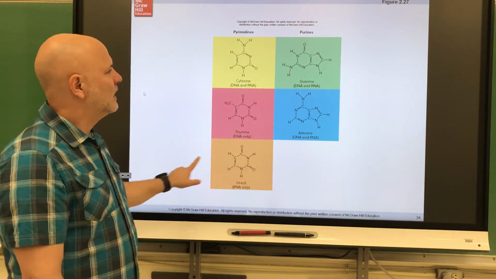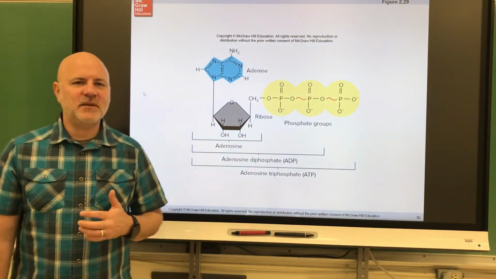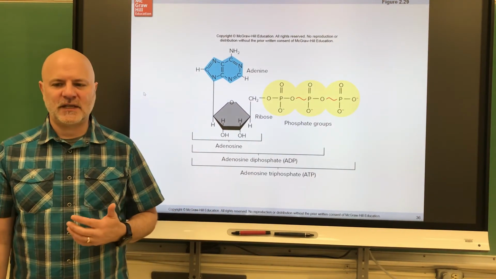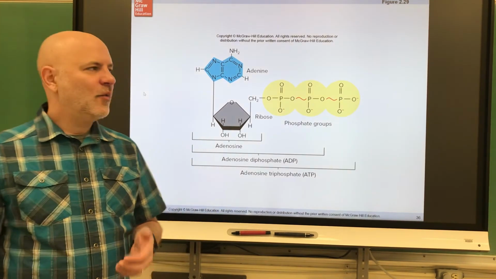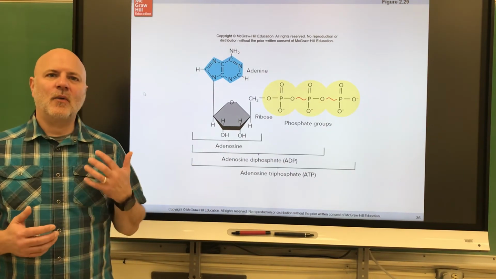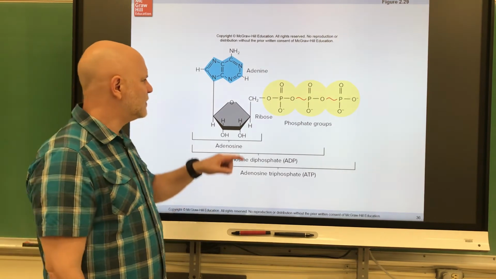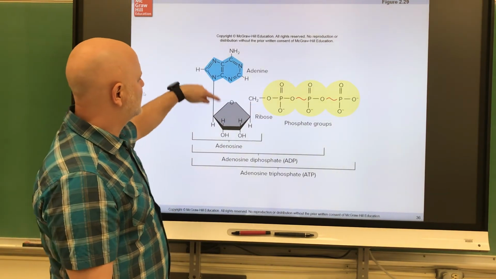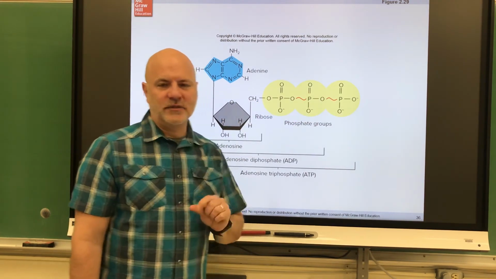All right. The last thing I want to talk about is ATP. ATP stands for adenosine triphosphate. So this is the energy currency of the cell. Whenever we do anything in our body that requires energy, we're going to expend an ATP. As you can see, here's adenosine right here, and then we have 3 phosphate groups on there.